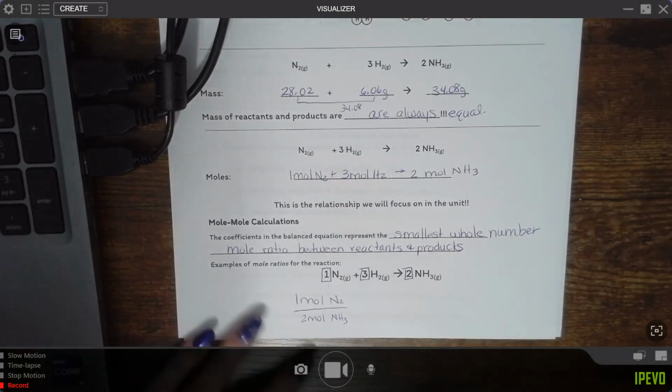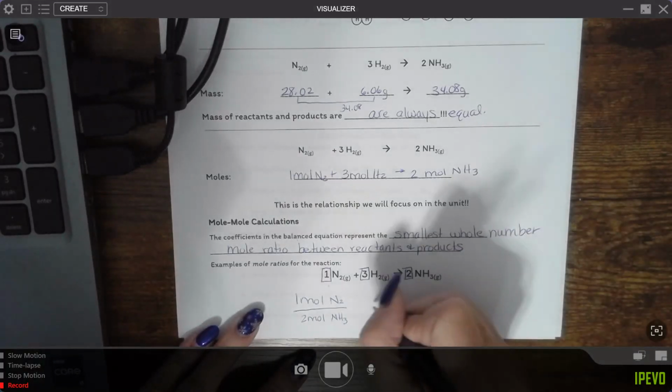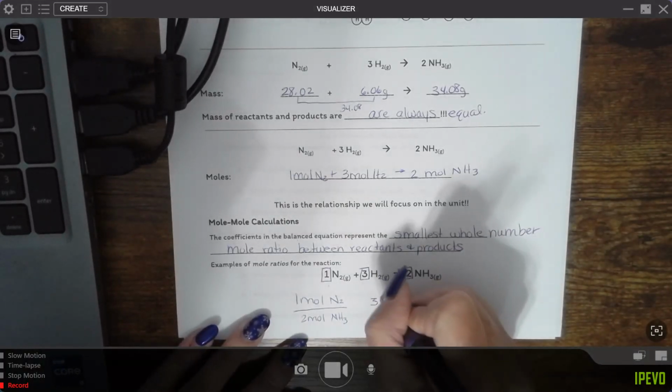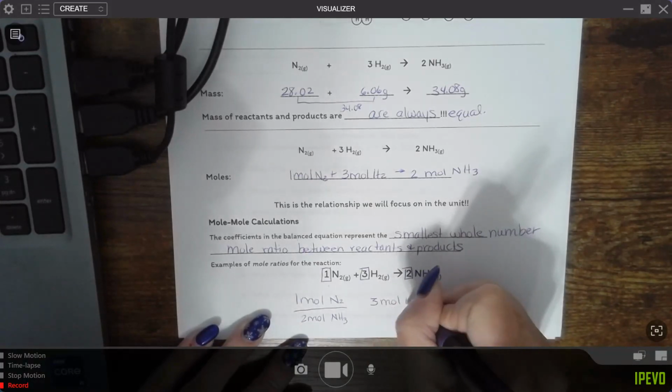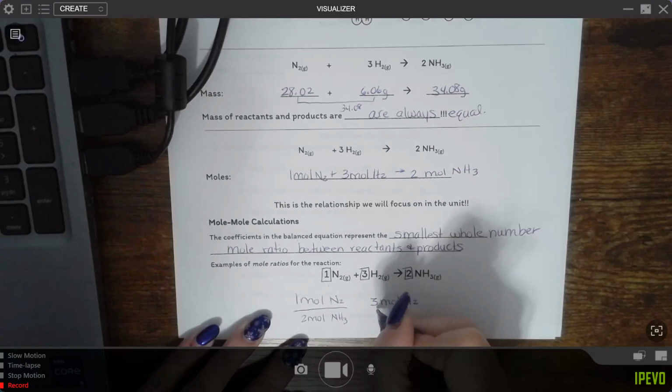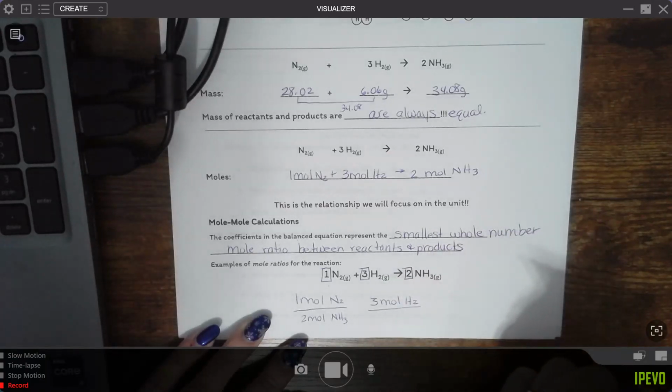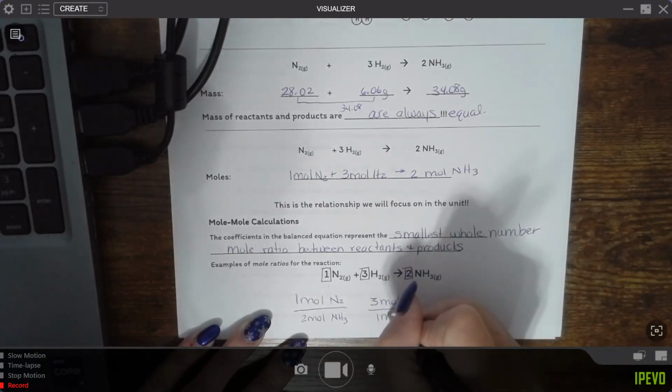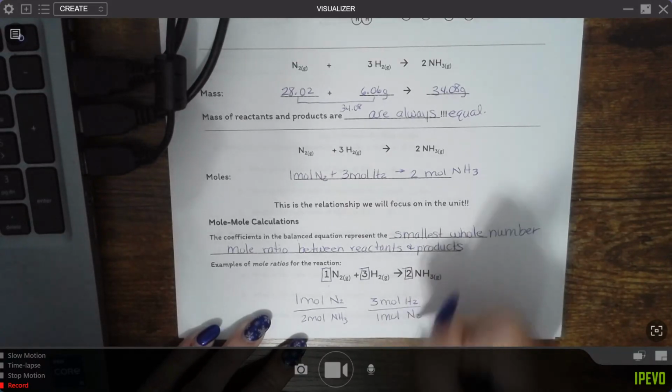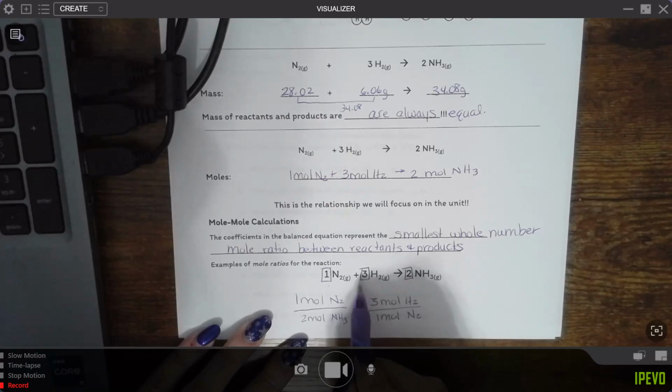All right, we could also say, another example, if we have 3 moles of hydrogen, we would need 1 mole of N2. So for every 3 moles of hydrogen we react, we would need 1 mole of nitrogen.